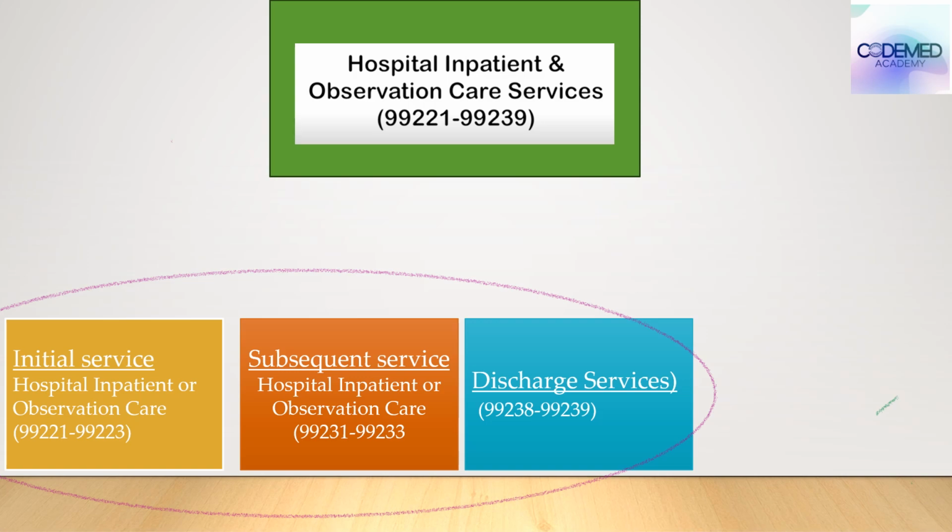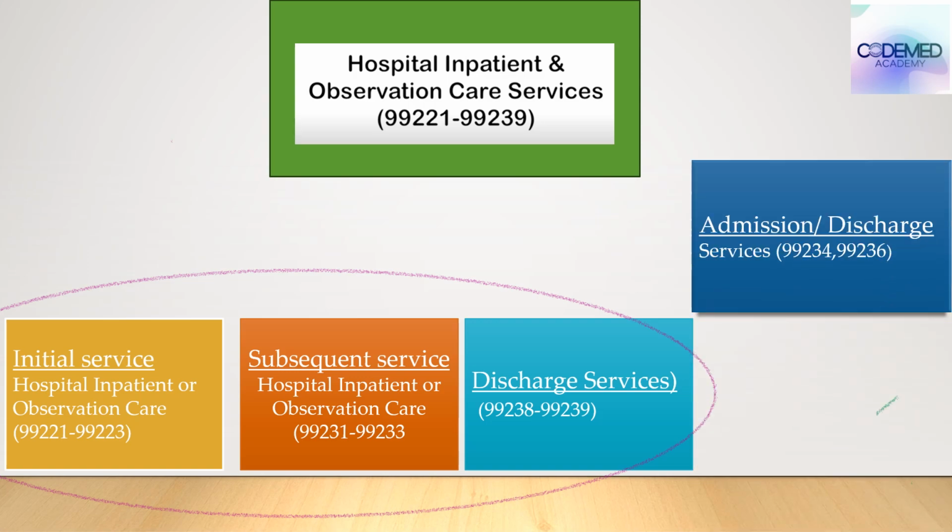I'm going to put them in one group. And then there is one more code range that is admission and discharge on the same day, for which we have a code range 99234 to 99236. So just take a minute to observe these codes, and then we will go deeper into this.